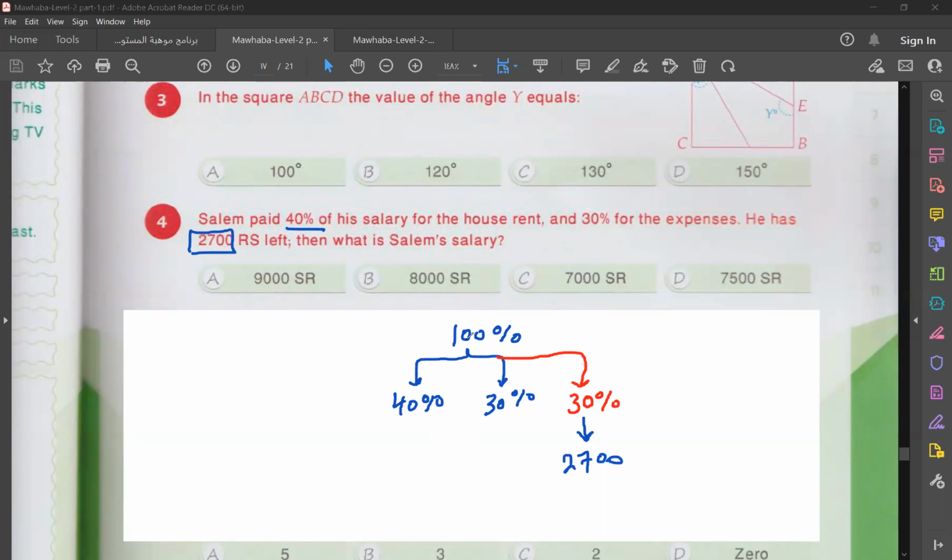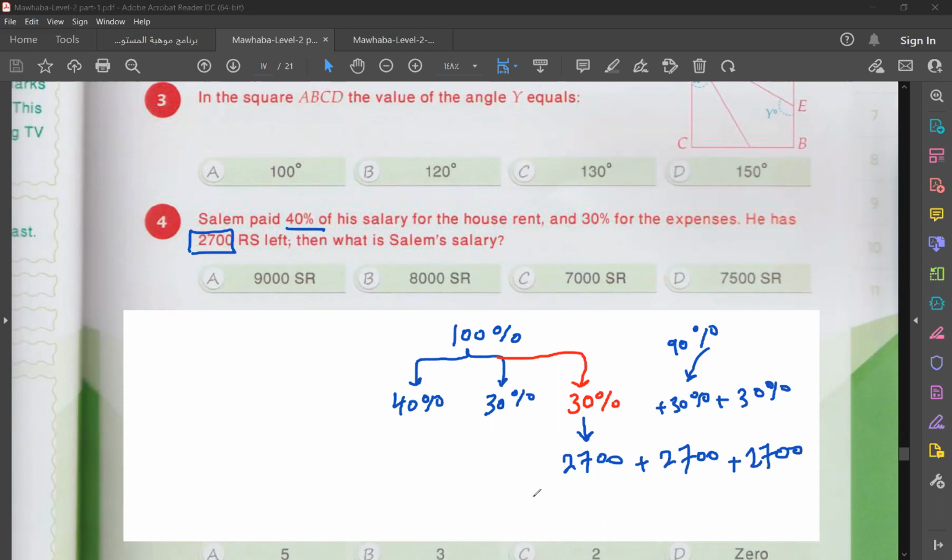Now we want to complete to 100%. This 30%, and also both 30%, 2,700, and both also 30% plus 2,700. Now this is 90%, right?